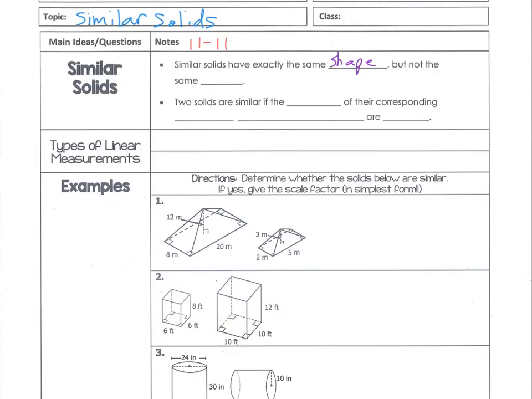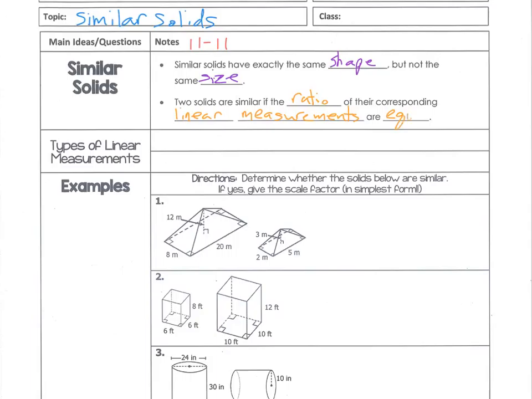But not the same size. So similar solids are like a dilation, but in the 3D world. Two solids are similar if and only if the ratio of their corresponding linear measurements are equal.